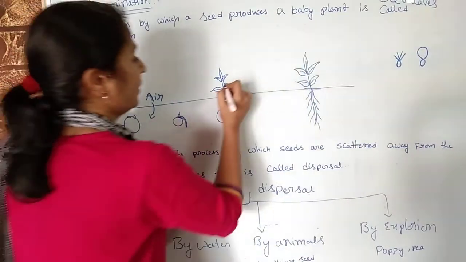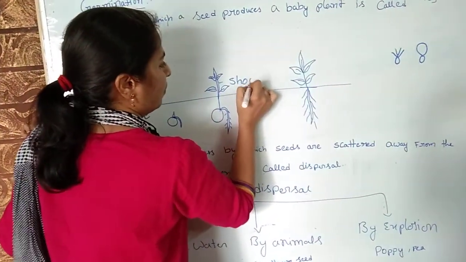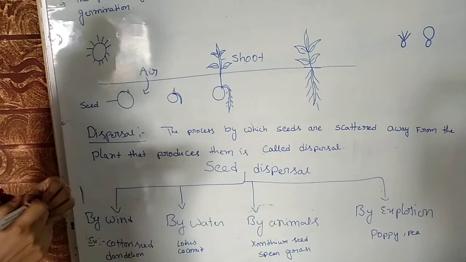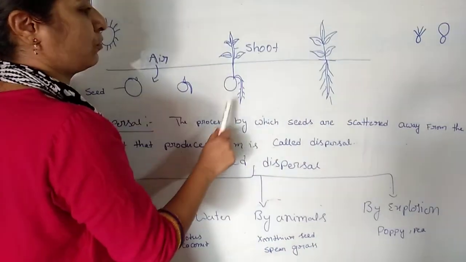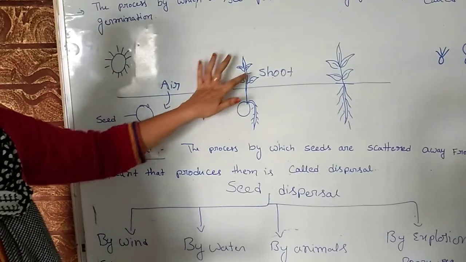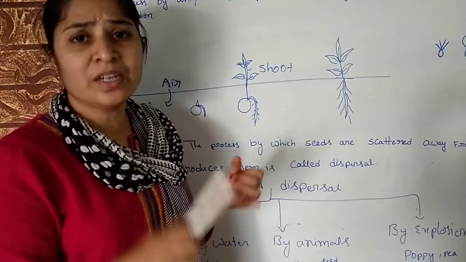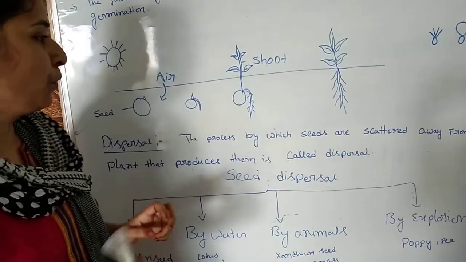Now what is shoot? Root means you know these are the roots. Stem, leaves, branches, flowers and fruits are called shoot.